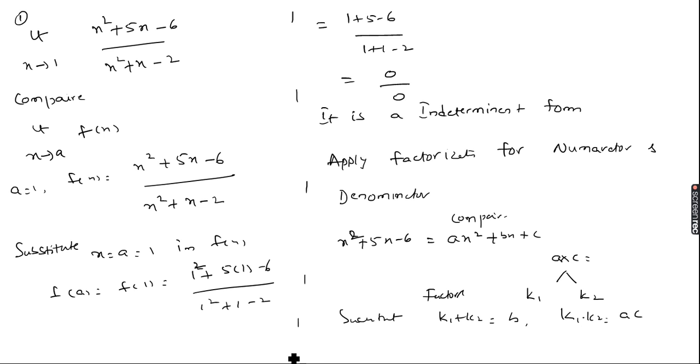So therefore, here x square plus 5x minus 6 can be written with a into c, that is nothing but 1 into minus 6, that is equal to minus 6.